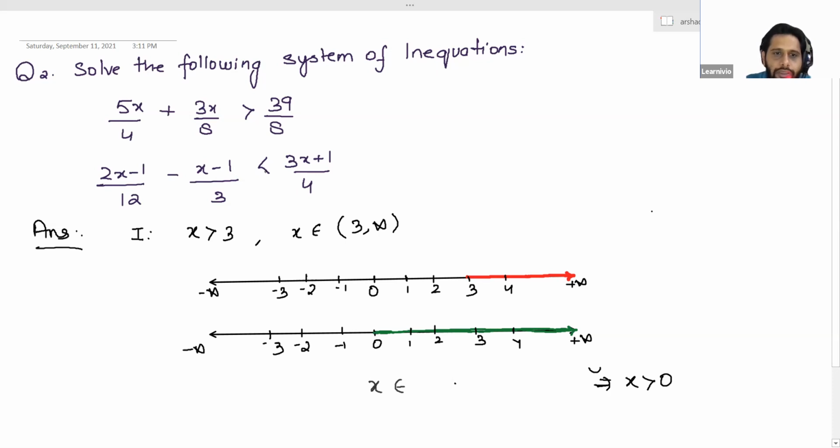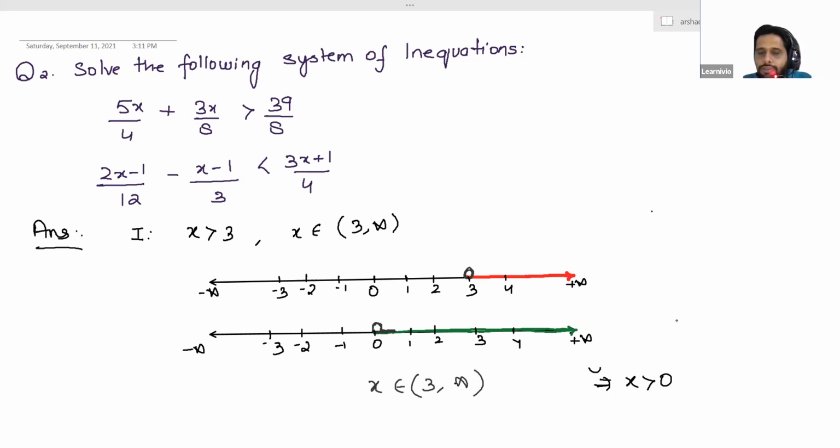This is only greater than and less than. So we can't take this 3, and similarly, we can't take this 0. So please mark this as follows. Now, if we check the common solution, then 3 will not come because this is not common in this. So the common solution will be 3 to infinite.